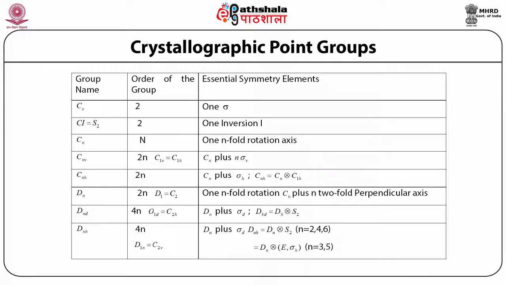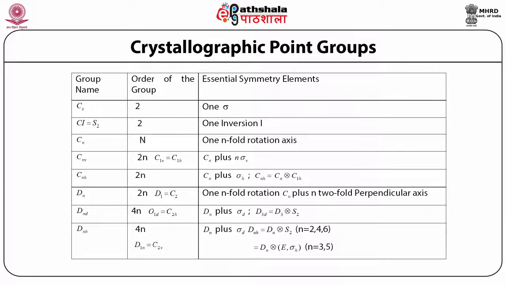It has 2n elements. If we have an n-fold rotational axis plus a horizontal mirror symmetry, then the group is Cnh, which is a direct product of the group Cn with C1h. The order of this group is 2n.